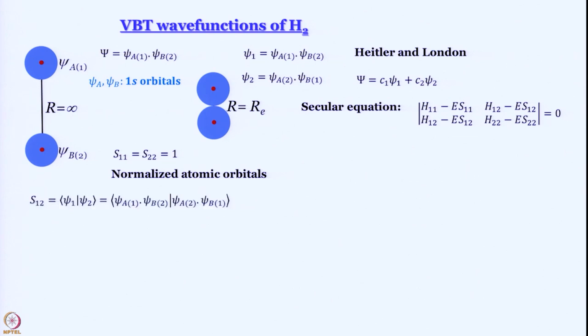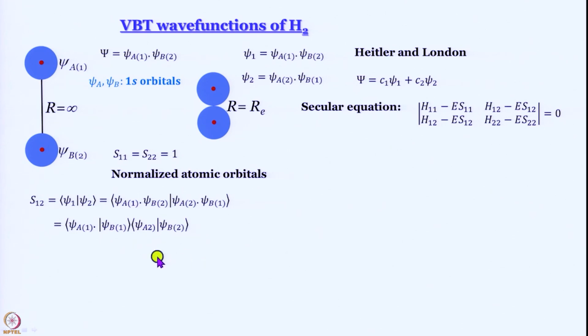What is S12? S12 is integral psi 1 psi 2 over all values of r. So, I write down the expressions for psi 1 and psi 2, psi A1 psi B2 multiplied by psi A2 psi B1 integrated over all values of r. And remember this also has to be a double integral because there are two kinds of coordinates, one for 1, one for 2. This again factorizes into an integral in electron number 1, integral in electron number 2: psi A1 psi B1 multiplied by psi A2 psi B2.